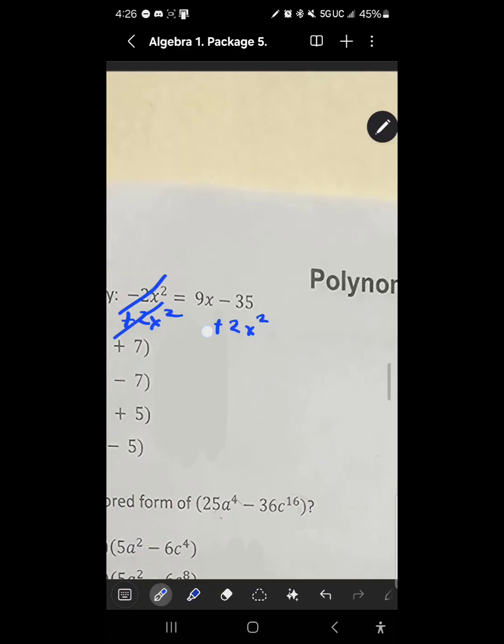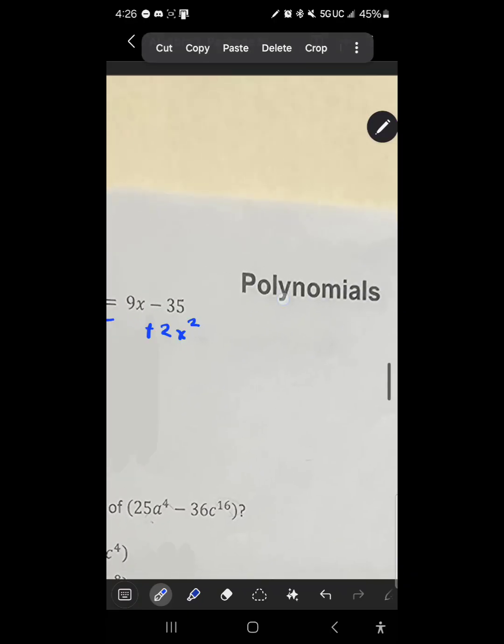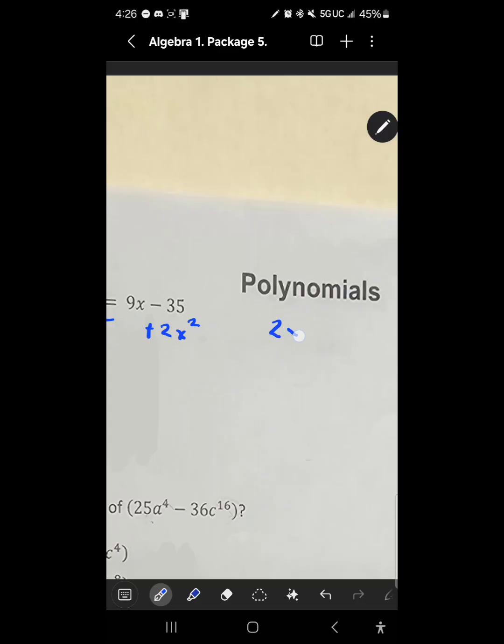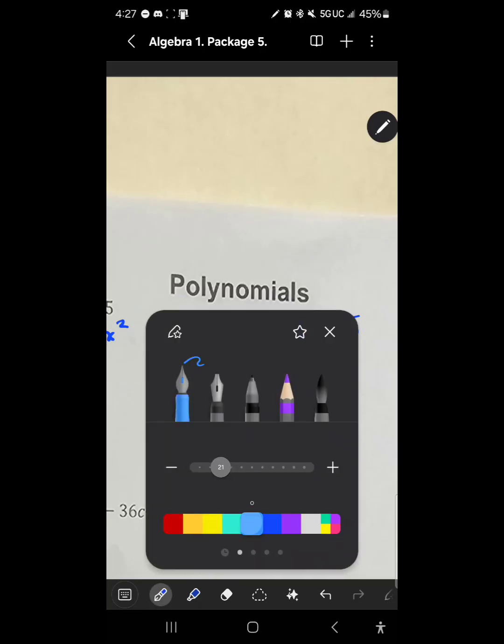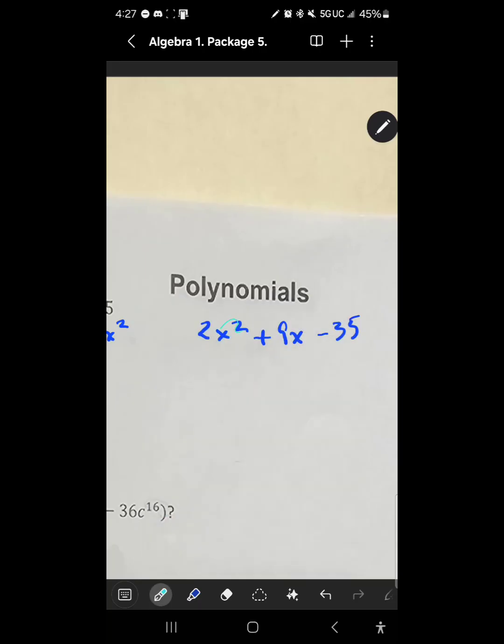So this can cancel, and then I have 2x squared plus 9x minus 35. Now let's factor this. Remember we need to take two numbers that multiply to give me 2x squared, which could be 2x and then x.